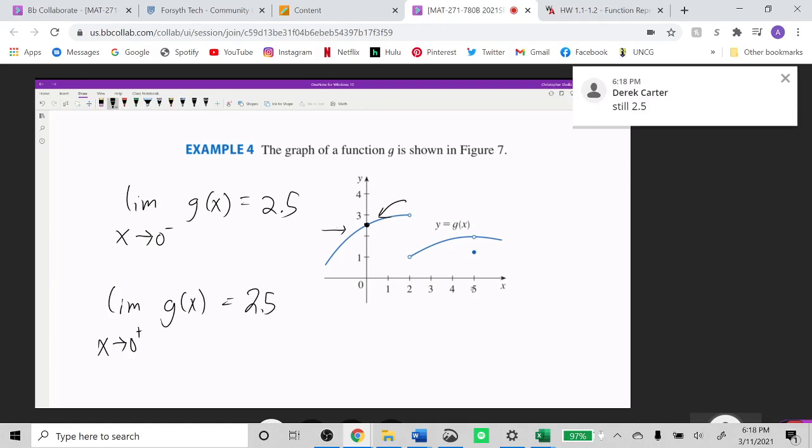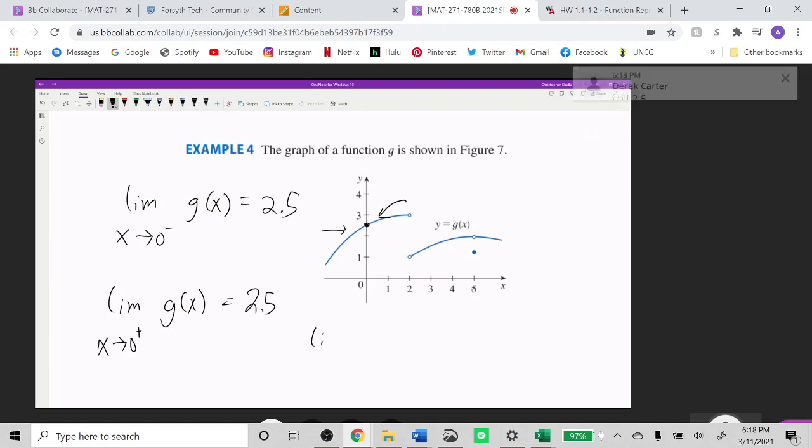So because these limits are in agreement, we say the limit of g of x as x approaches 0 is 2.5. Does that make sense?